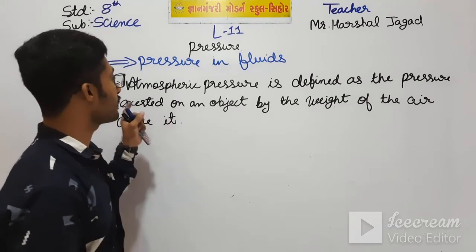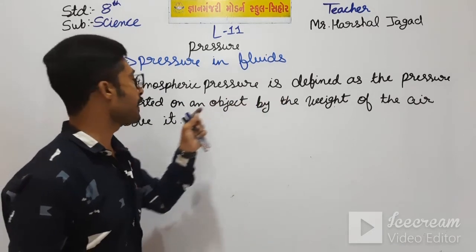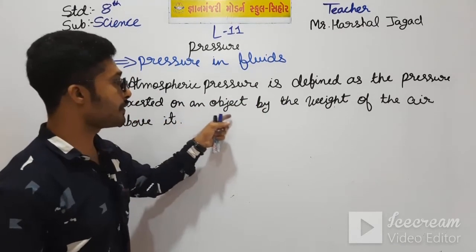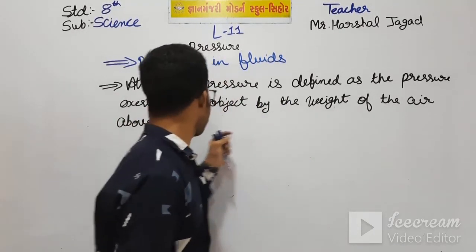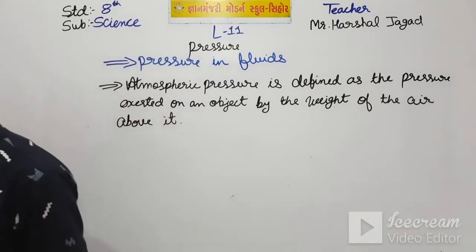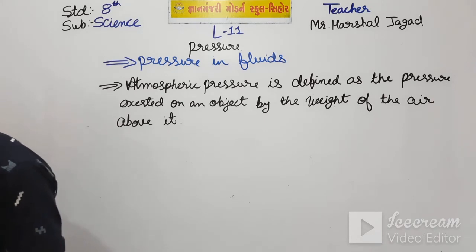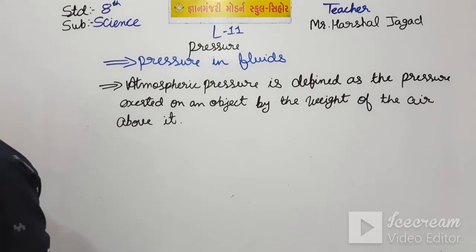Okay students, what is atmospheric pressure? Atmospheric pressure is defined as the pressure exerted on an object by the weight of the air above it. Okay students, we have seen this. Now further we will see in our next video.